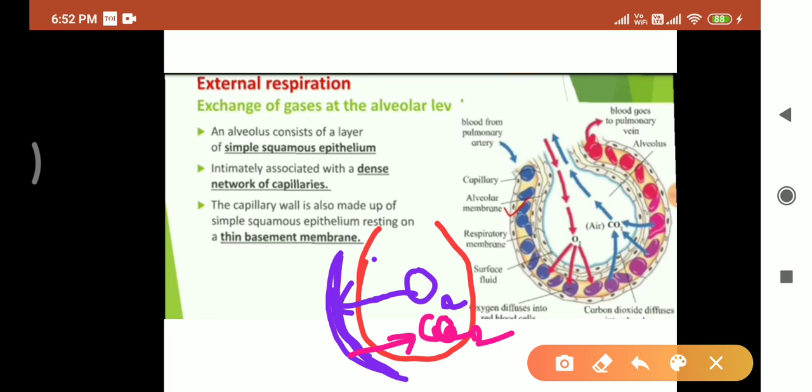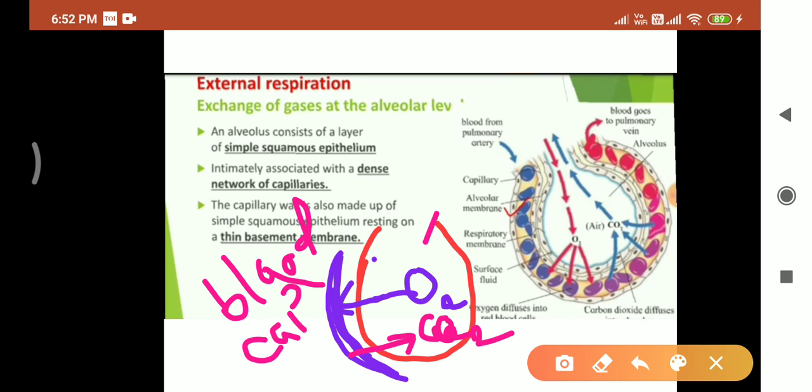This red structure I have drawn here is the alveolus, and this is the blood capillary. Here, from the alveoli, oxygen diffuses into the blood, and carbon dioxide goes back to the alveolar chamber.